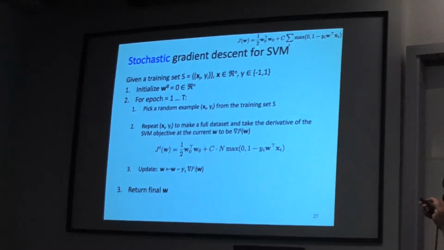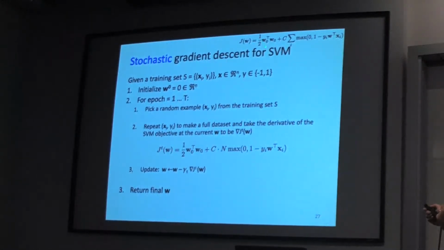So you can see that in the original objective function, you got two terms, right? One is the regularization term, which encourages maximum margin, right? And the second is the training loss over the entire training set, right? So once you sample an example to calculate the stochastic gradient, if you just calculate the loss for one particular example, you kind of mismatch the scale of the training loss compared with the original loss.